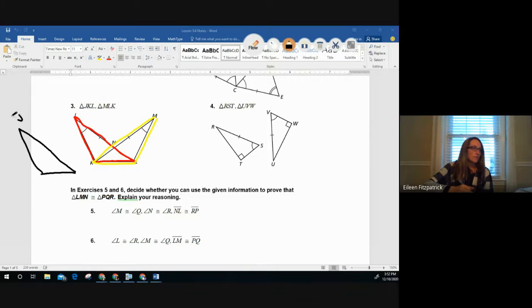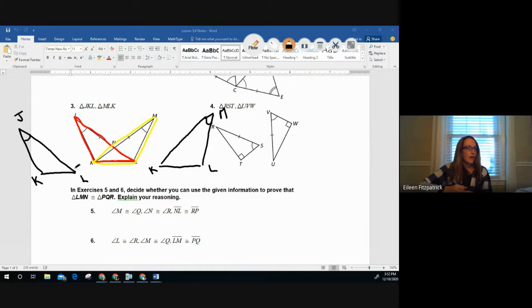so we have J, K, L. And then we have M, L, K. We have angle M congruent to angle J. We have this side KL is part of both triangles.